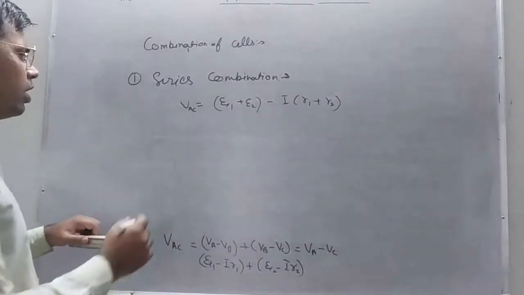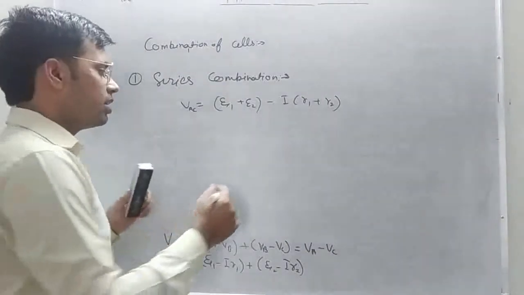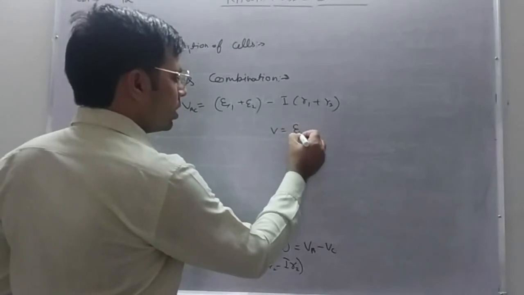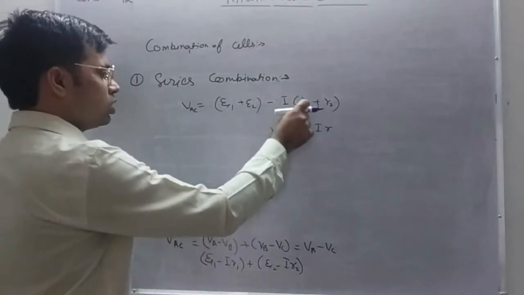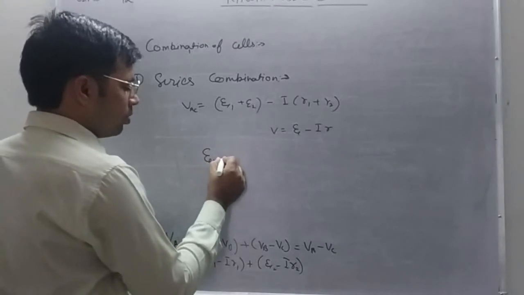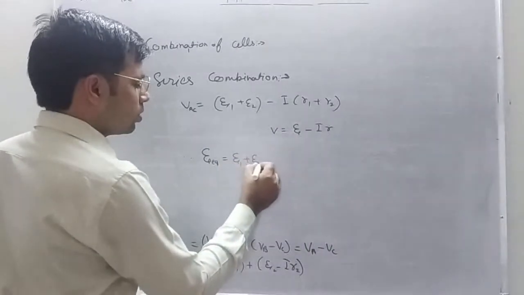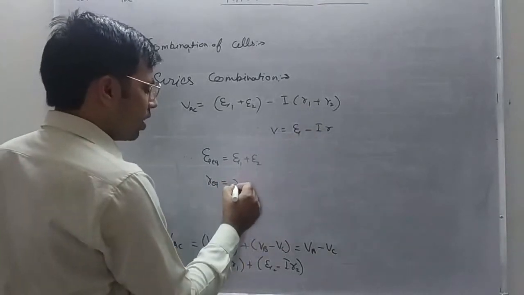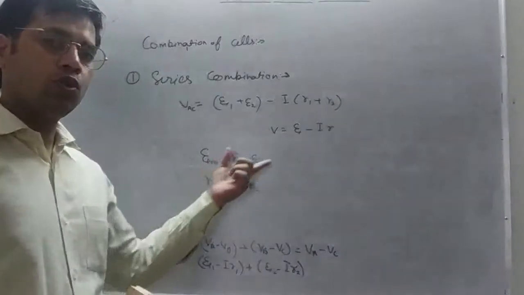Now if we compare this equation with the standard equation of a cell with internal resistance, V is equal to E minus IR, then we get the equivalent EMF equal to E1 plus E2, and the equivalent internal resistance in series combination is R1 plus R2. This is the case if we connect two cells.